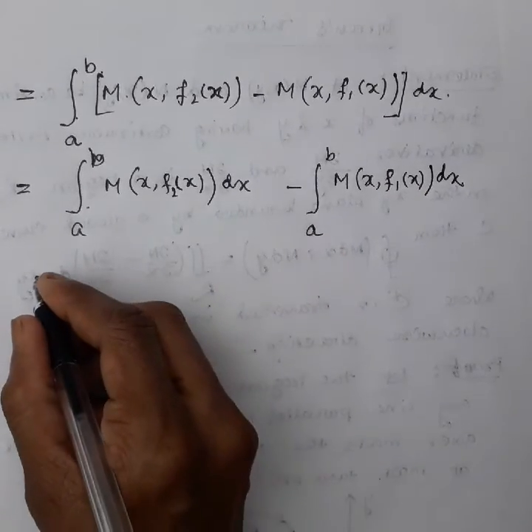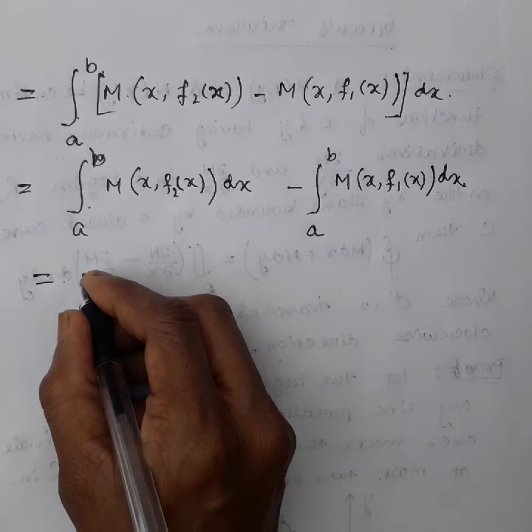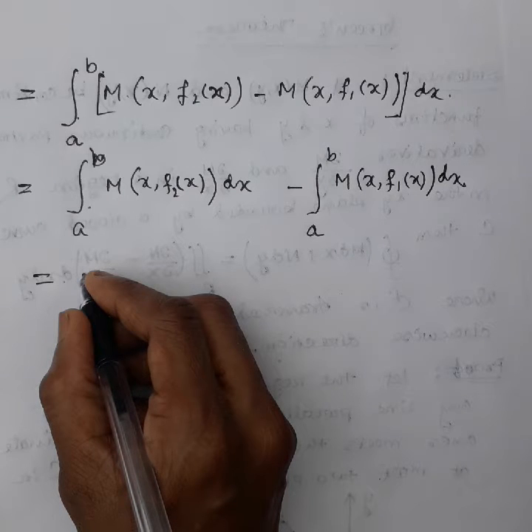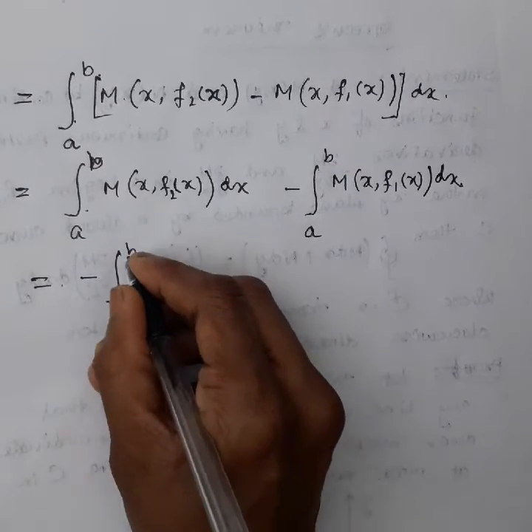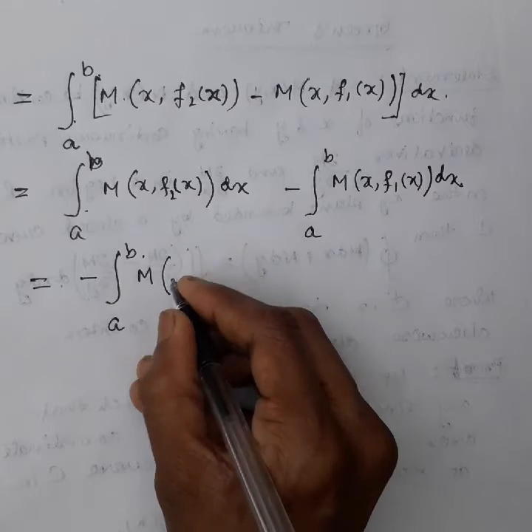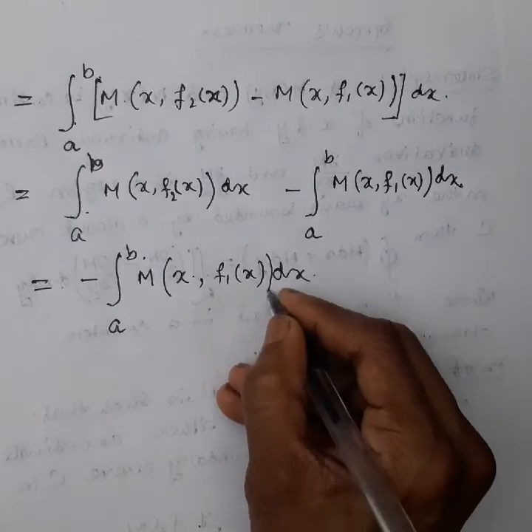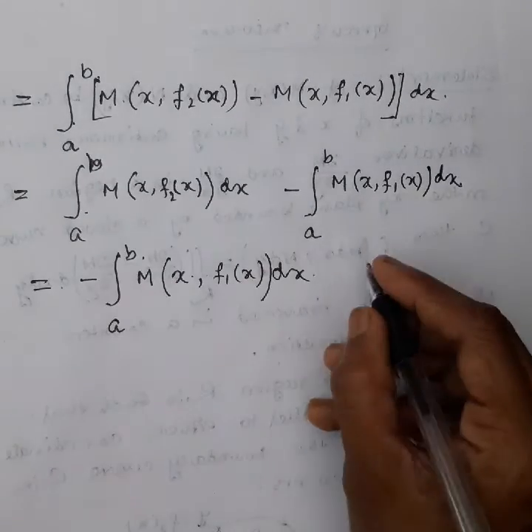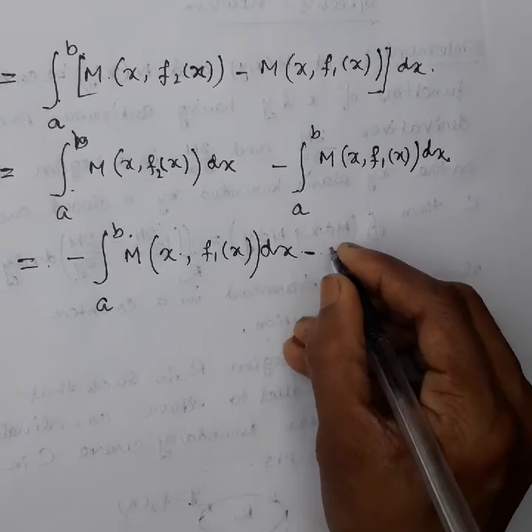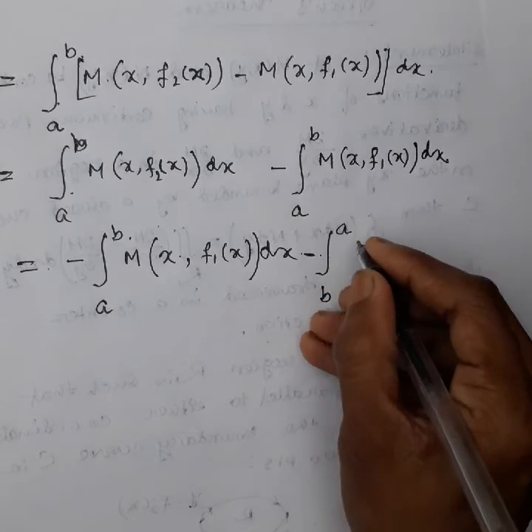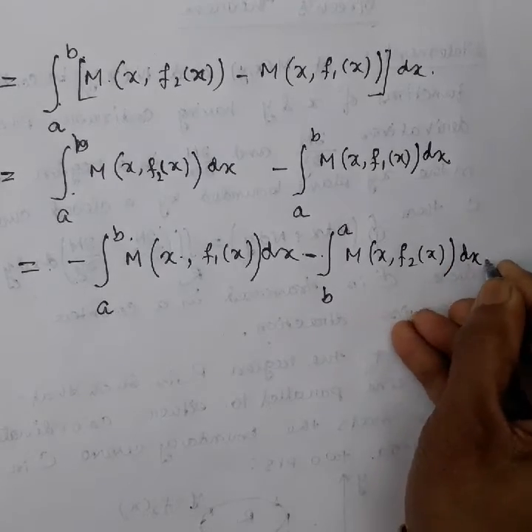From here, this is the integration from a to b of M(x, f1(x)) dx, and this is written as M(x, f2(x)) dx.